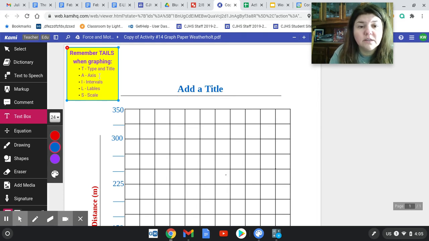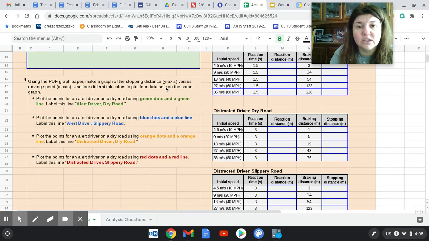The next thing that you need to do is come up with the axes, which is on what axis. And if we look back here, it actually tells us that the stopping distance is going to be on the y-axis and the driving speed is on the x-axis. Think about which is the x and which is the y. Remember, x means no. If I shake my head no, my head goes back and forth. The x-axis is this way, horizontal, and y means yes.